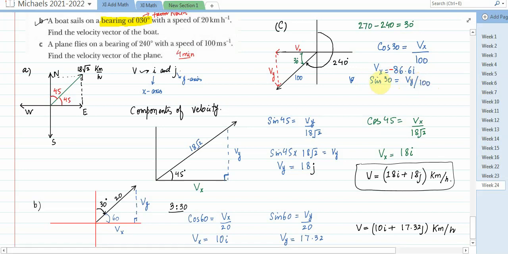So velocity y is equal to 50 j, but again it will be minus 50 because y is also negative. So the final answer for velocity is minus 86.6 i minus 50 j. That is your final answer. Make sure that you are focusing on the direction part.